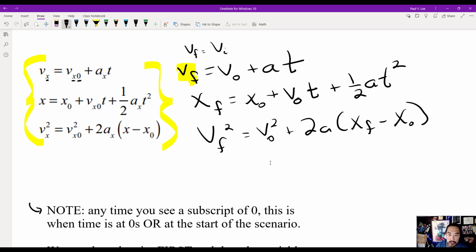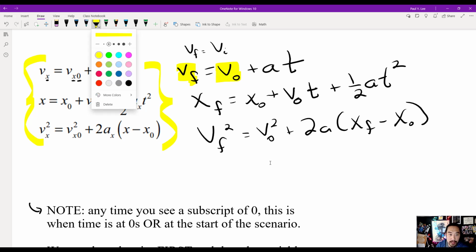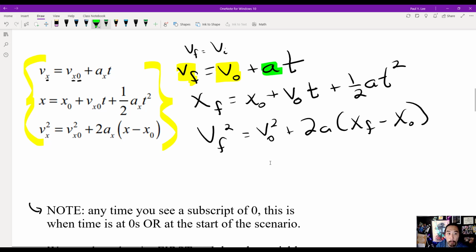This v0 and this vf are each one variable, but a represents acceleration, and we are multiplying that by the variable of time. So in the very first line, we have a total of 4 variables: vf, v0, a, and t, and only the acceleration and the time are being multiplied.